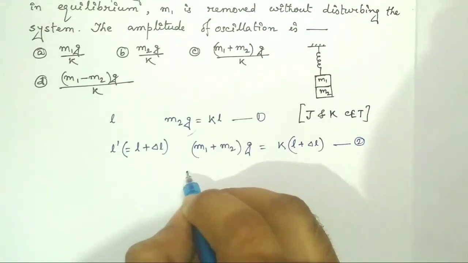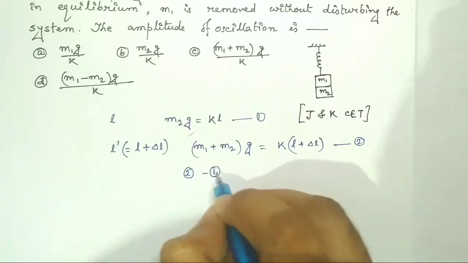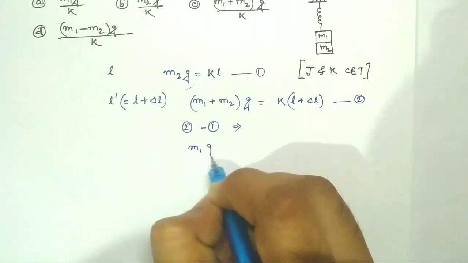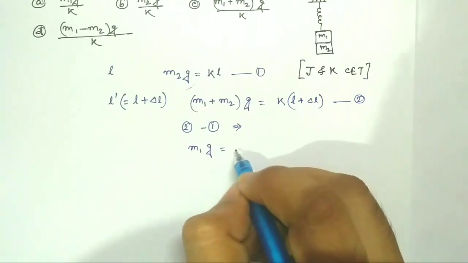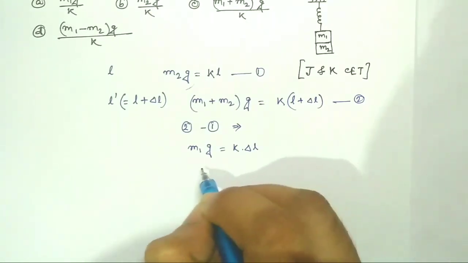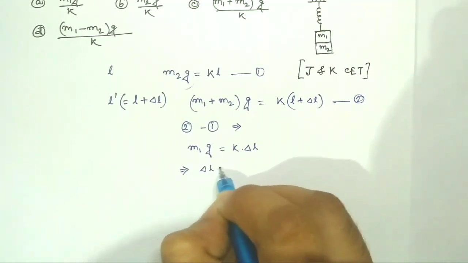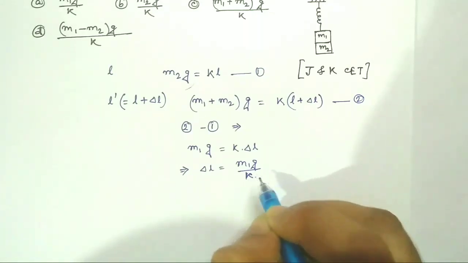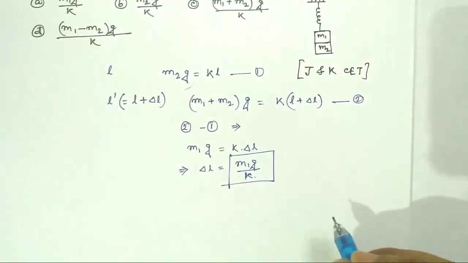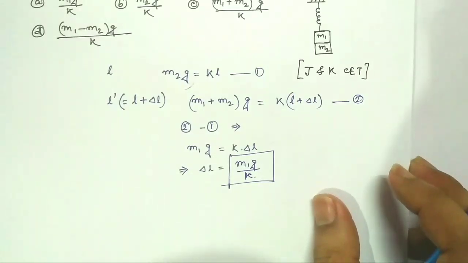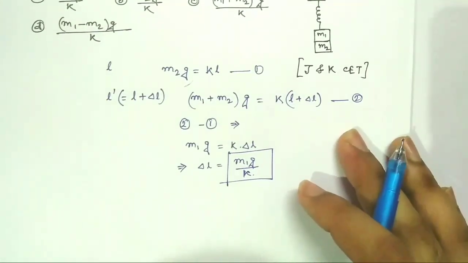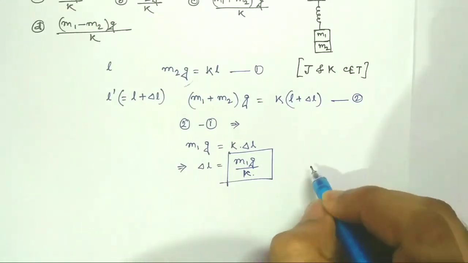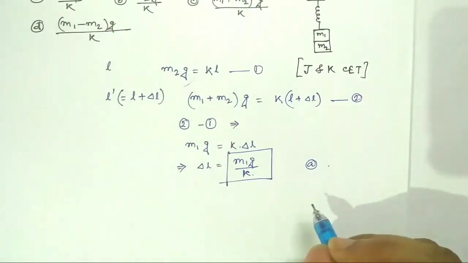Now subtract 1 from equation 2, we get M1G equal to K into delta L, or we can write from here delta L equal to M1G by K. This is the extra extension of length of the spring and this will be the amplitude of oscillation. So, option A is the right answer.